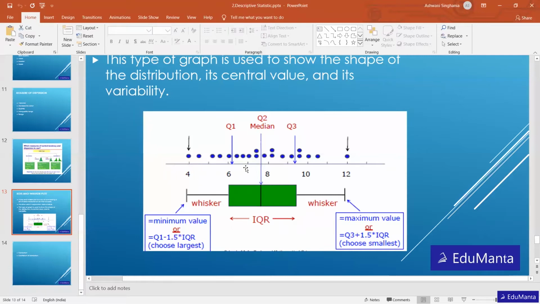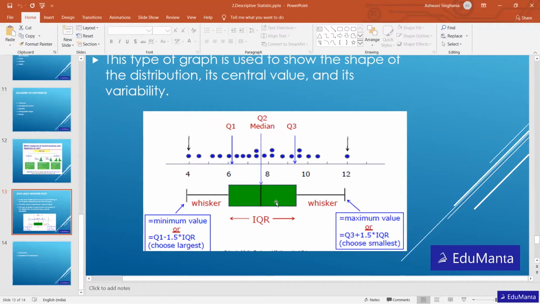If this is a number line, and above this there are data points, and we calculate quartile 1, median and quartile 3 for my data set, then exactly in the middle of this box is the median, because 50% of data will be lying on the left hand side of this line, and 50% of the data will be lying on the right hand side.